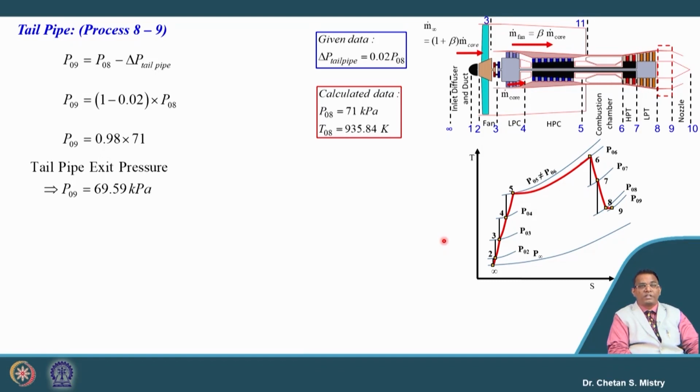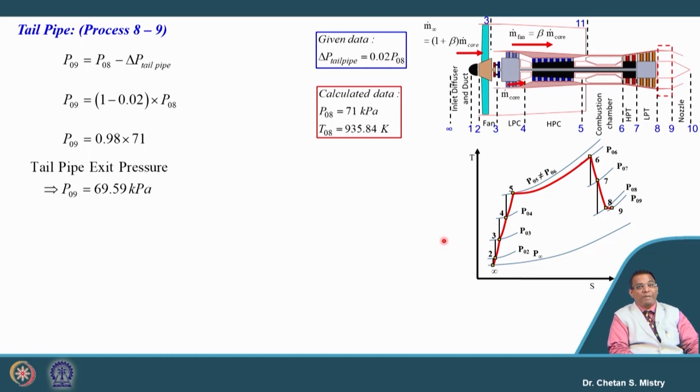Suppose no information is given in terms of tailpipe total pressure loss, then do not assume that part. Otherwise, it may create trouble in terms of our nozzle calculation. Rather, your nozzle will be choked, but by assuming this number, this nozzle will go to an unchoked condition. Then my static pressure calculation will go wrong.